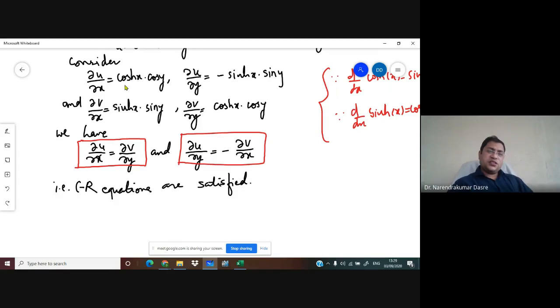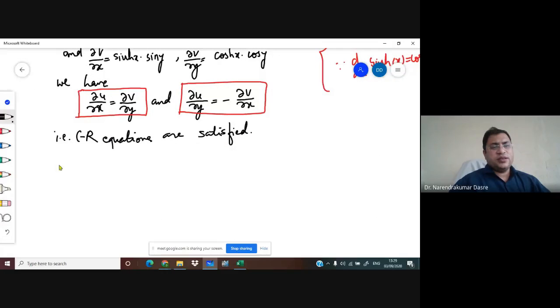If two functions are continuous, their product will also be continuous. So this is the product of two continuous functions, hence a continuous function. These two are exactly the same as these two, so all these are continuous. And when these are continuous, the sufficient conditions are satisfied.